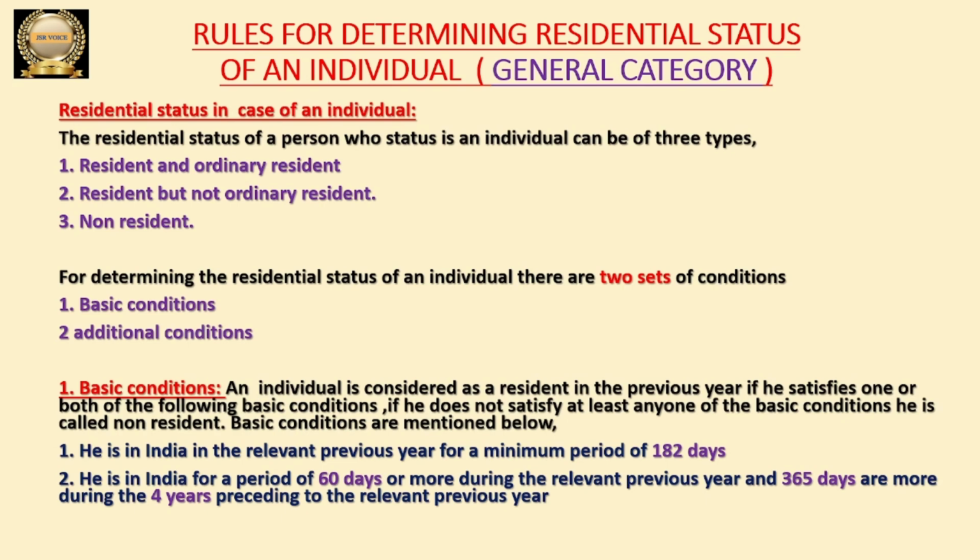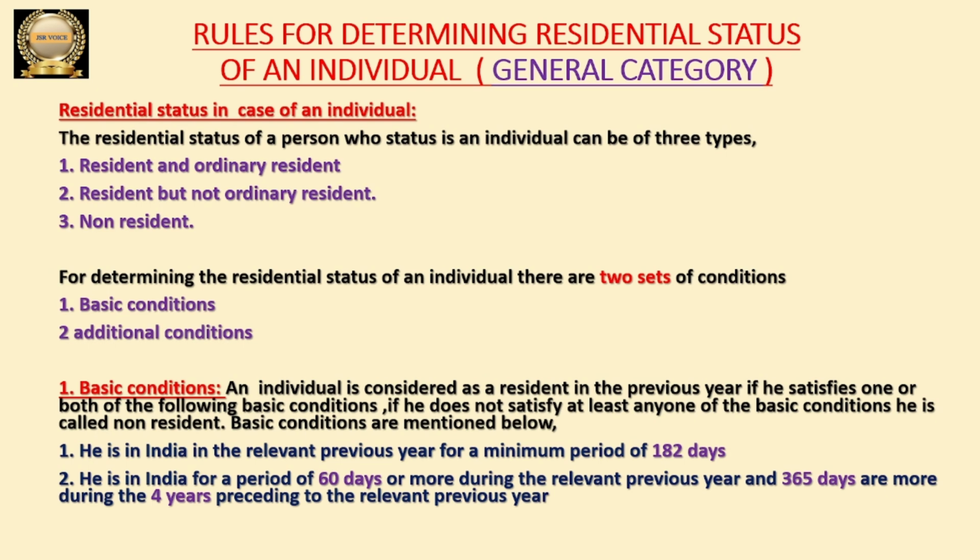Suppose our assessment year is 2024-25. Then previous year will be the preceding 12 months period to the assessment year, so it will be 2023-24. That is the previous year. 2024-25 is the assessment year.